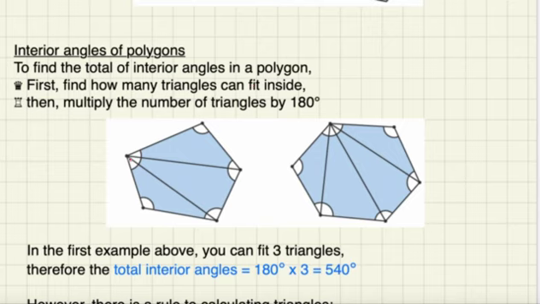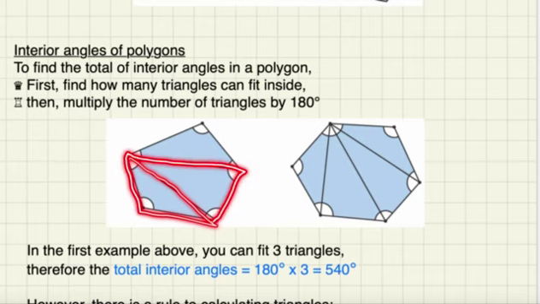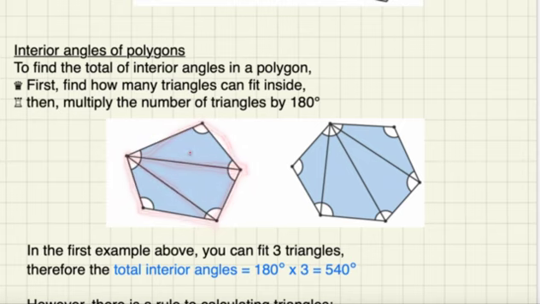So in this structure, we can draw a line there, and then that's one triangle. This is another triangle, and then this is another triangle. So in this structure, there are 3 triangles. So knowing that, you then multiply the number of triangles by 180.